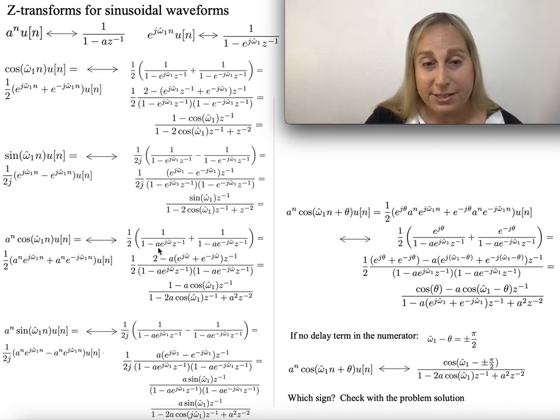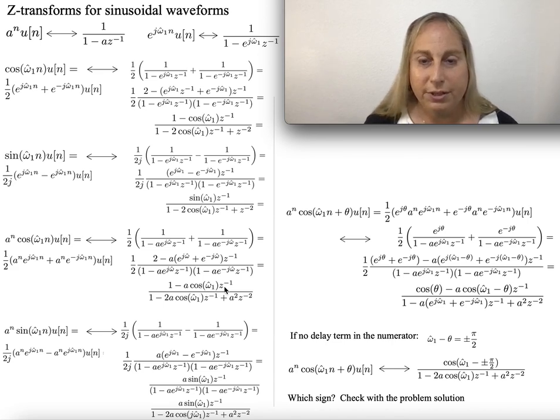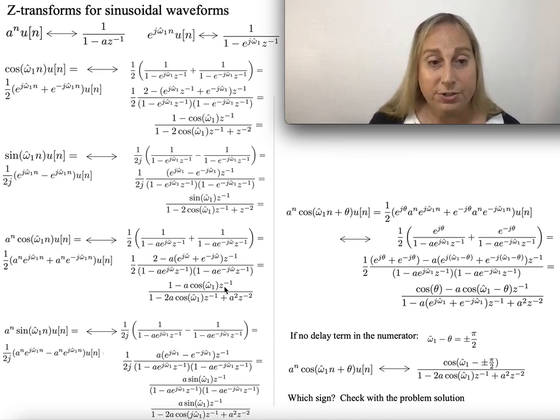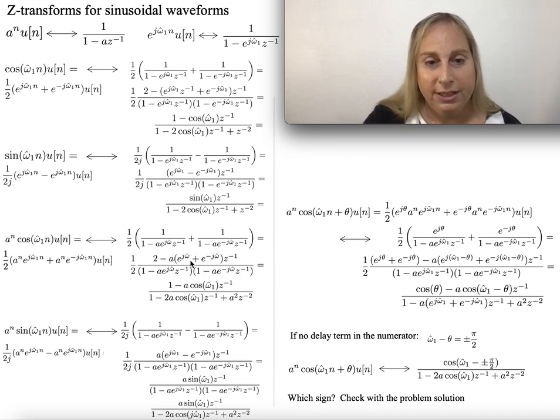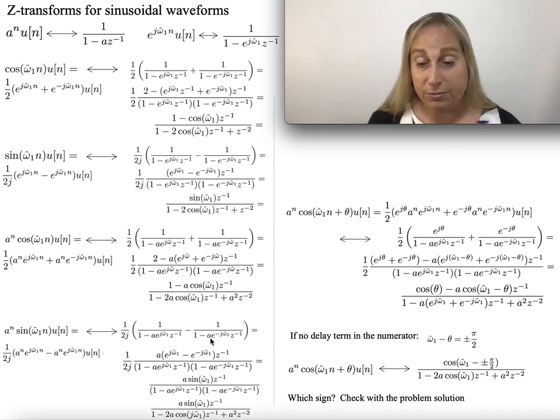Well, again, same sort of thing. Two terms cross multiply, and I get this 1 minus a cosine omega 1 z to the minus 1. And you're like, this is getting interesting. A similar term happens for sine, but now I've got the a's in these two places. Other than that, it looks exactly the kind of form you had here. These are all very, very reasonable forms.